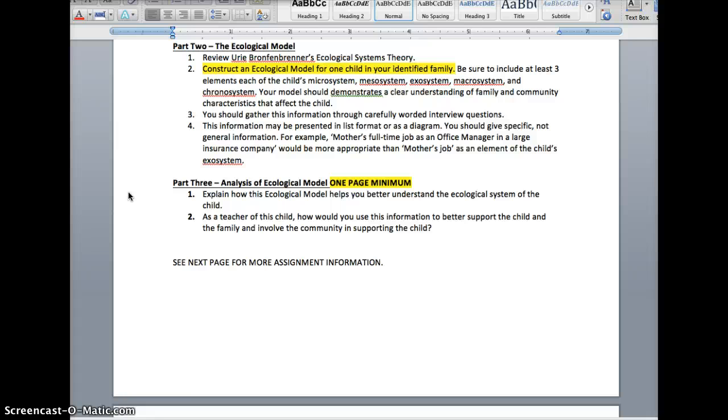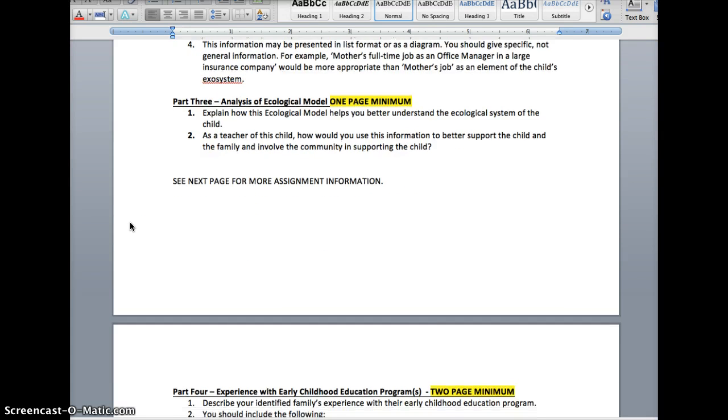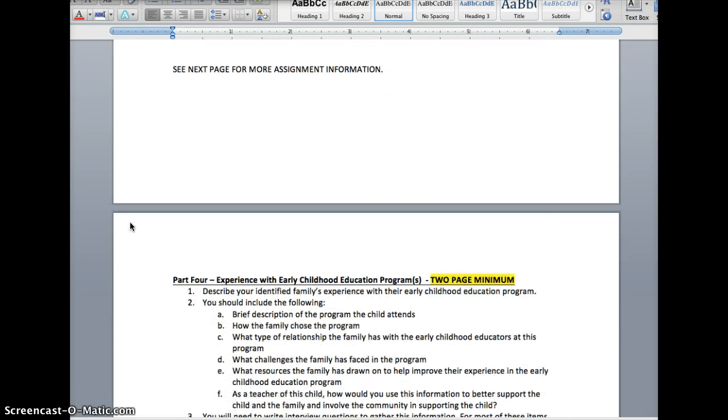And so you would try to think of many things that you could do as a teacher to help support the child, given what you know about their ecological model.